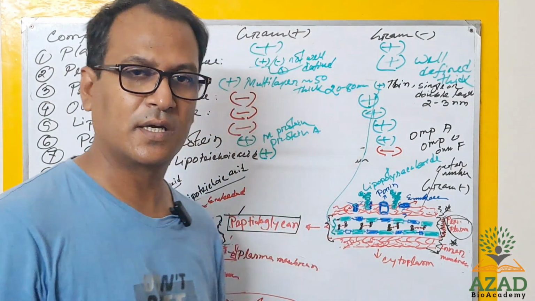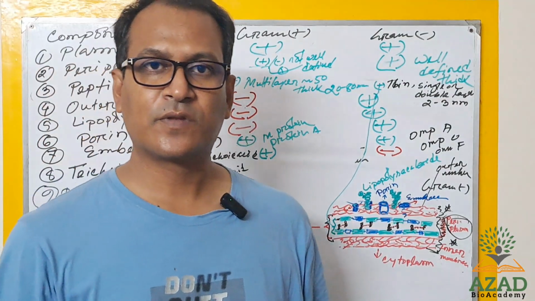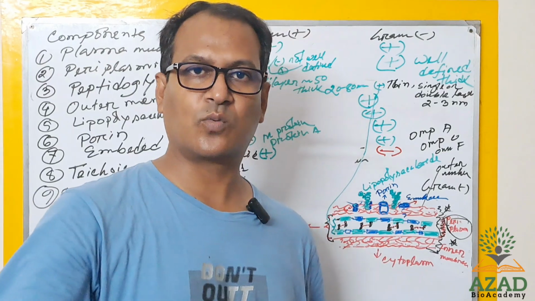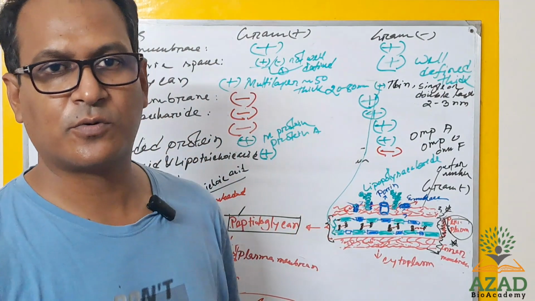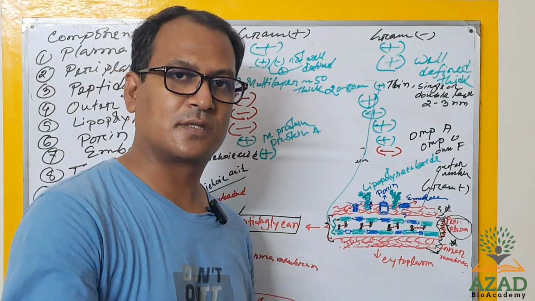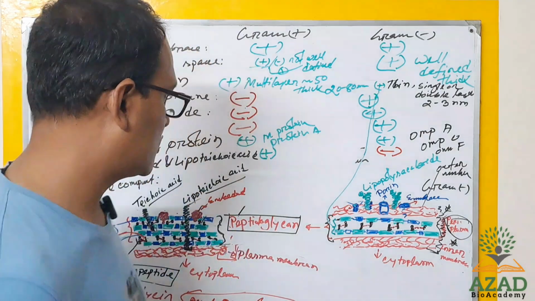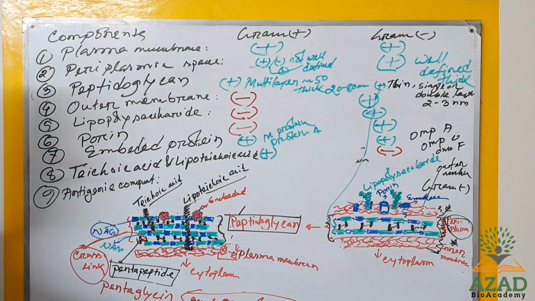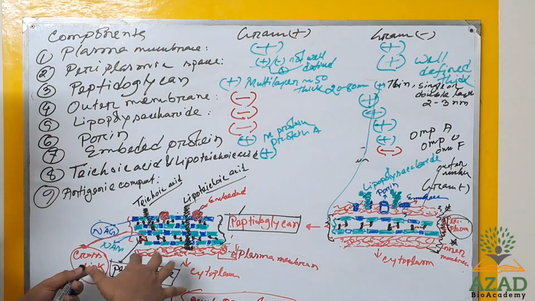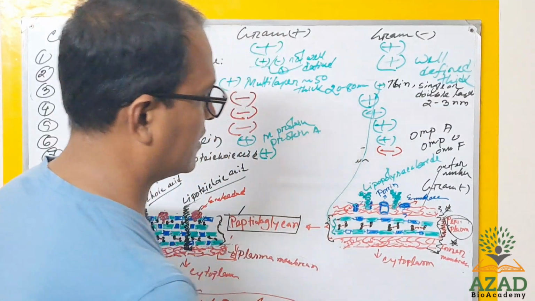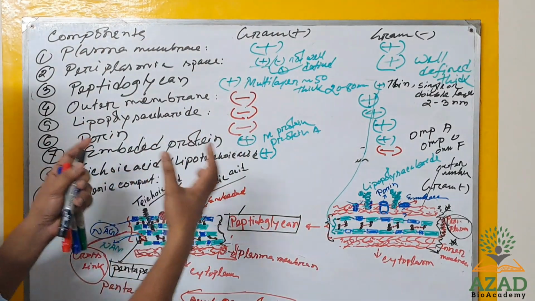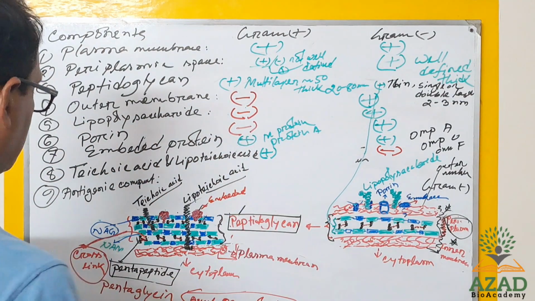So the substances that manage to produce antibody are called antigen. That's it. So what substances from gram-positive bacteria and what substances of gram-negative bacteria will act as an antigen? Now I will cover that.